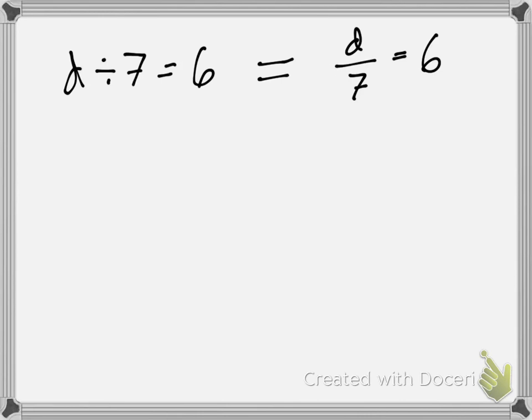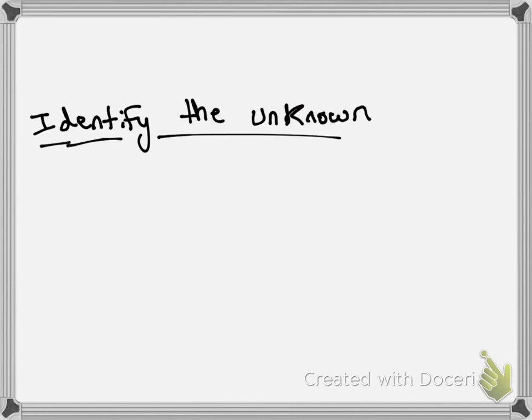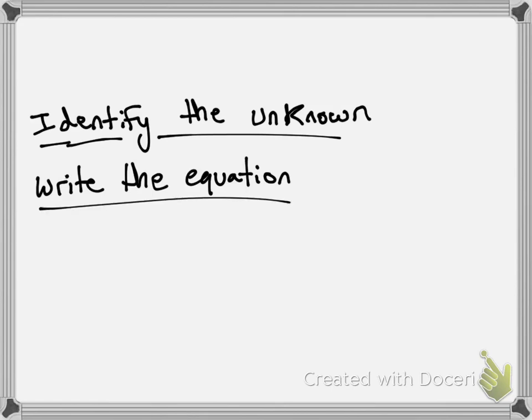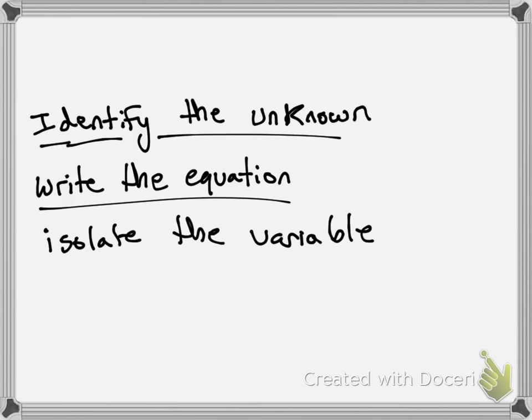So, the next thing I need to do, as we were looking here, is identify the unknown. Then we would write the equation as we did, or we don't necessarily need to write it, but that would be our next step. Then we need to isolate the variable, and then we are done.